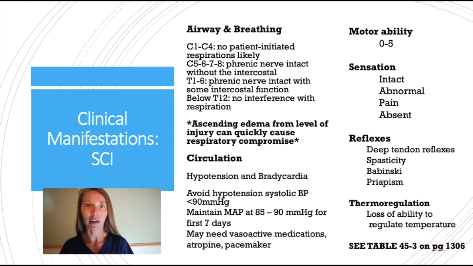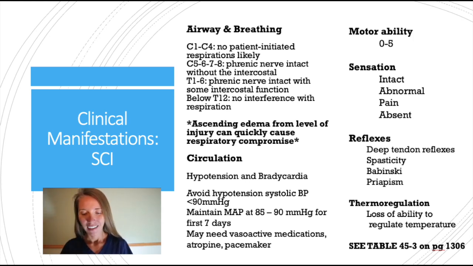They may or may not be able to breathe spontaneously. So we most likely need to intubate them. Moving down into the lower portion of the cervical spine, into the thoracic spine, this patient may be able to breathe on their own, but may need some type of respiratory support, depending on the severity of the injury, if it's complete versus incomplete.